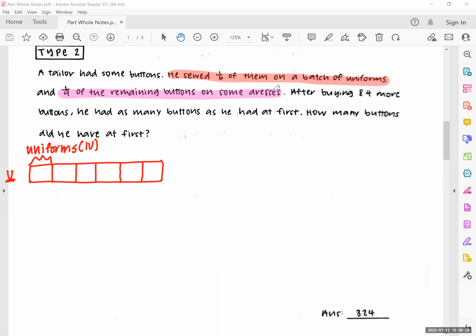And why is it not repeated identity? Because, can you see, I buy some more things. They never say I'm left with 84 buttons. If they said I'm left with 84 buttons, then that is repeated identity. So can you see the difference between repeated identity and part whole already? Part whole means I'm either going to top up or I'm going to cut some parts of it.